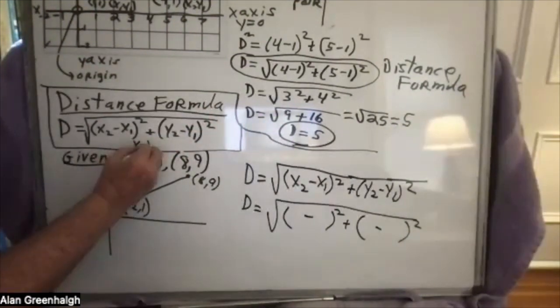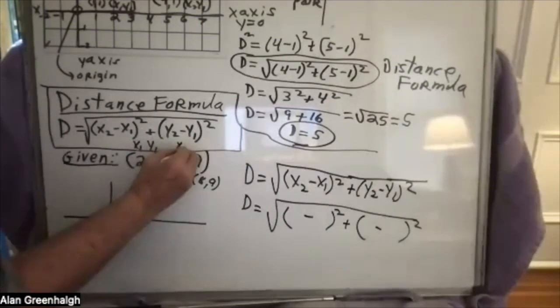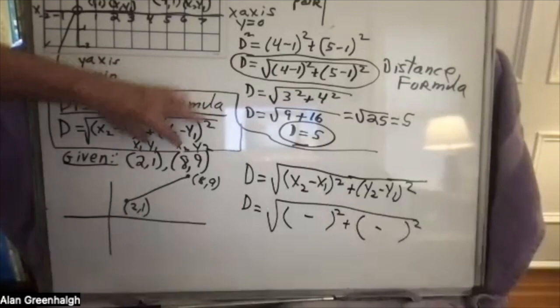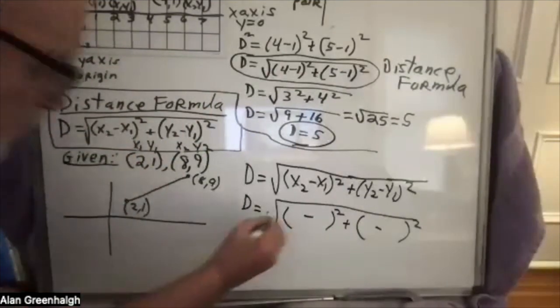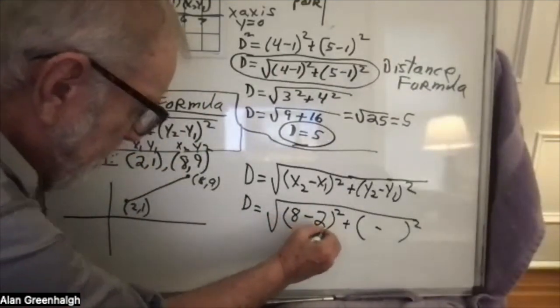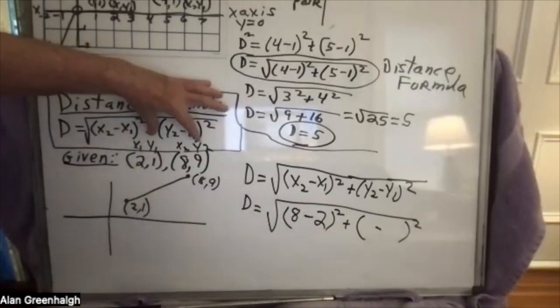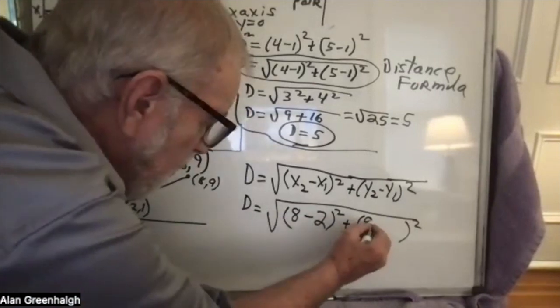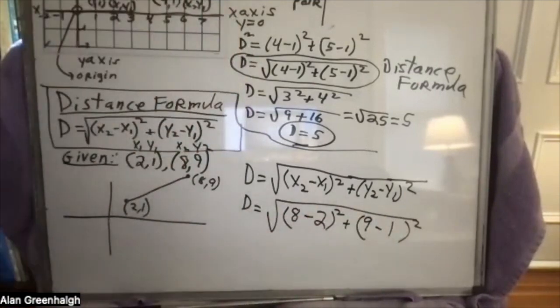This might help: x1, y1, x2, y2. x2 minus x1 is 8 minus 2. And then y2 minus y1, 9 minus 1. And figure that out. I'll give you a few moments to figure that out.